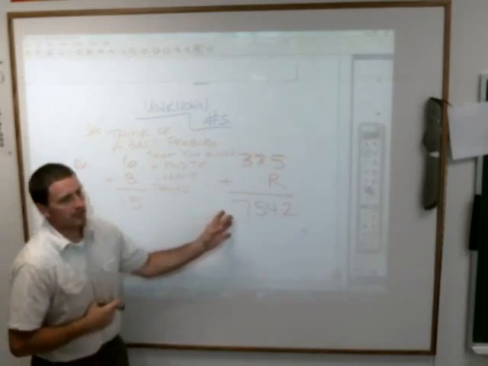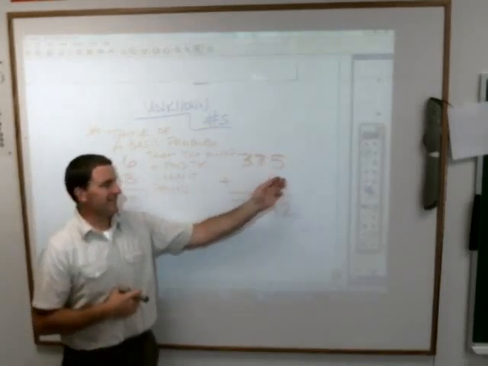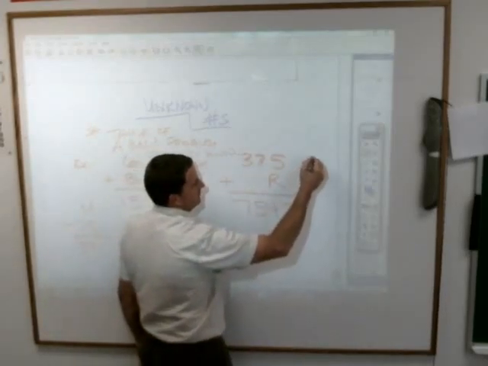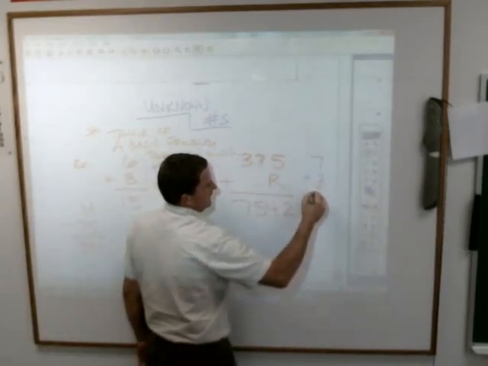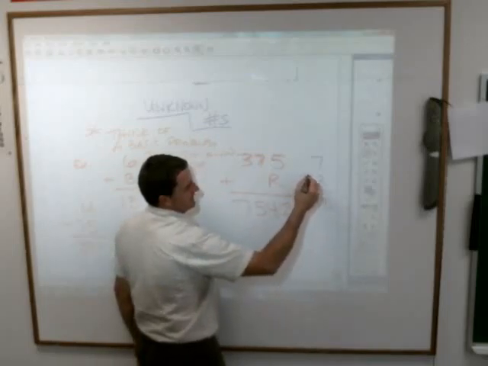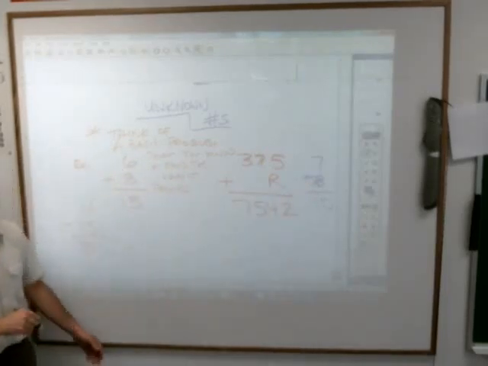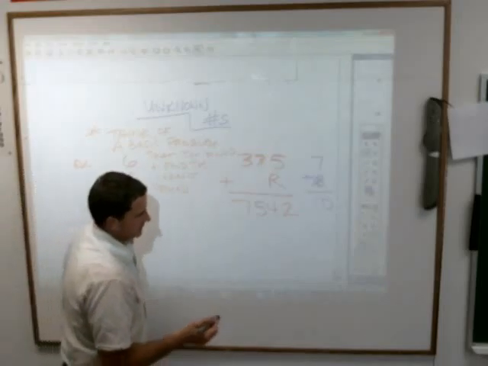Okay, but if I have this addition problem and I'm missing this middle number, think of an easy addition problem, and it can be anything. 7 plus 3 is 10. If you are missing the middle number here, what do you do with those two numbers to get that middle number? If I have a 10 and a 7, what do I do to get the 3? It's not a hard thing to figure out there.